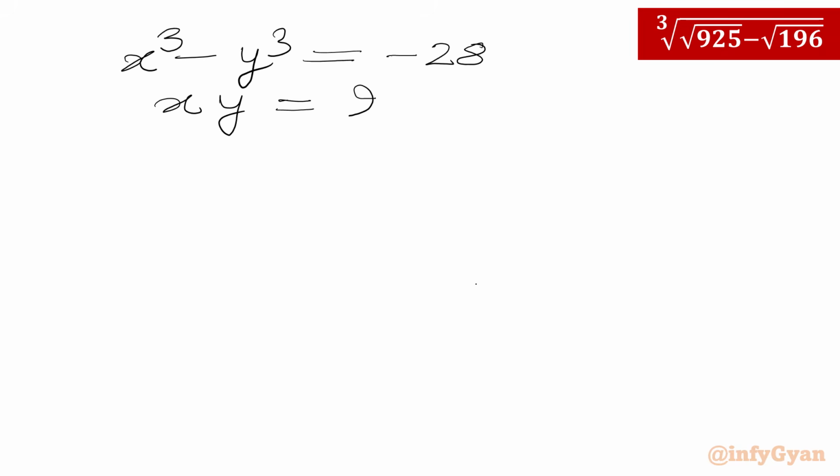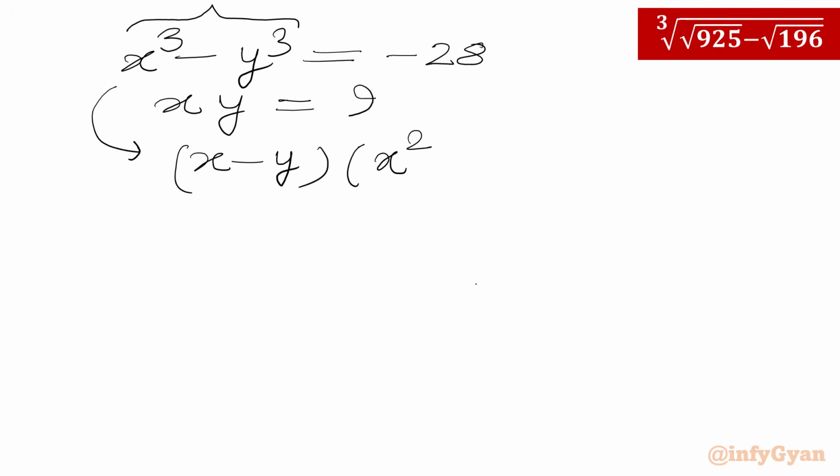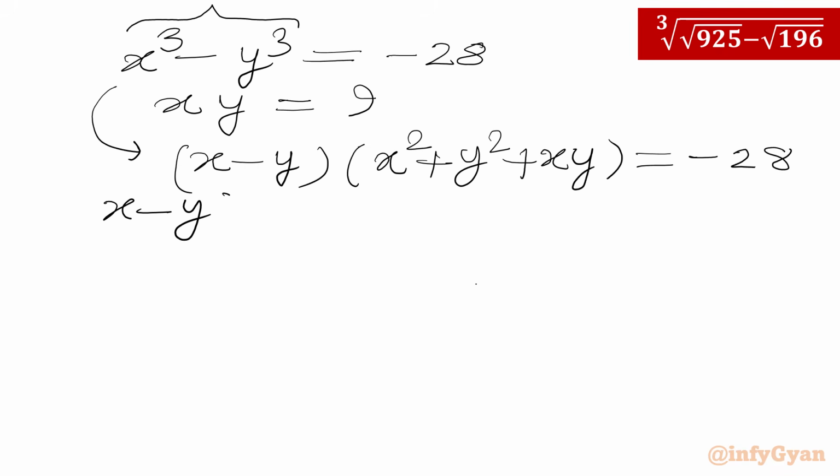Now we will be using algebraic identity a cube minus b cube. So we can write over here x minus y times x square plus y square plus xy equal to negative 28, which will be equal to x minus y times x square plus y square.